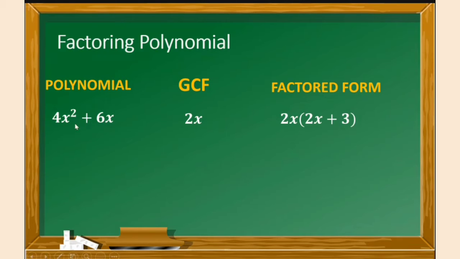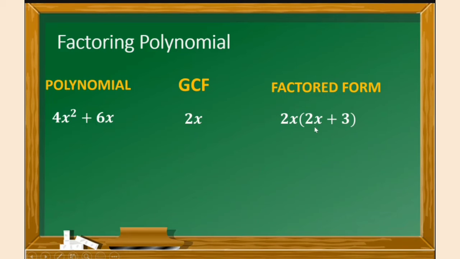First term, so 4x squared divided by 2x. 4 divided by 2, that is 2. How about x squared divided by x? So kapag nag-divide ng variables, minus the exponent. 2 minus 1 kasi may imaginary 1 yung 2x natin. So therefore, 2 minus 1, that is x na lang po.